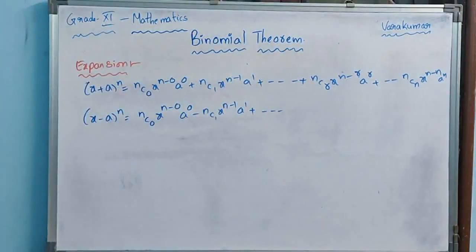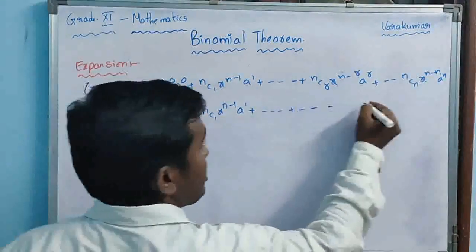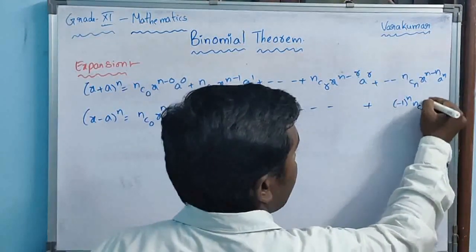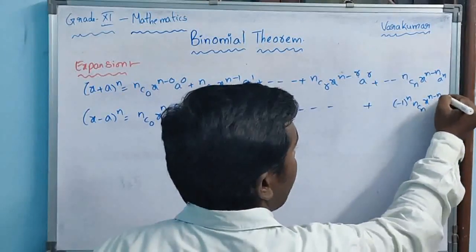Then we have to write the terms alone. At last, you can write (-1)^n nCn x^(n-n) a^n.